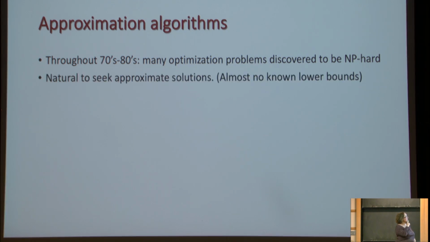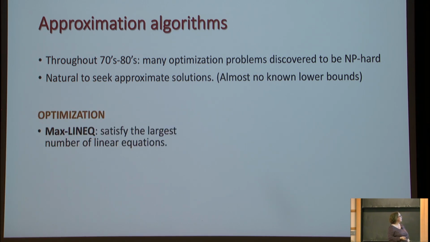Then it was natural to say, okay, so we will try to find approximation algorithms. Many different algorithms came about, very beautiful constructions, showing better and better algorithms, but there was nothing known as a lower bound. There was nothing that said you cannot do better than a certain point. And that was the situation.